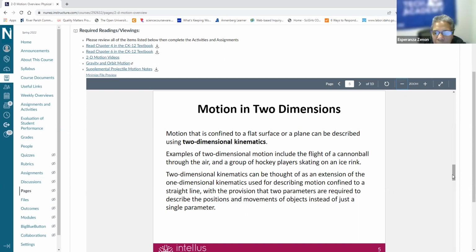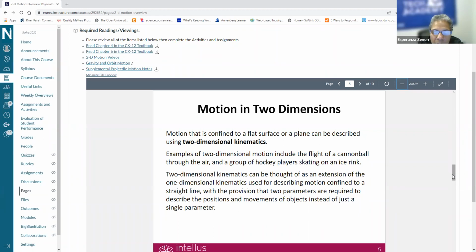In 1D kinematics, the object was confined to moving in a straight line, either a straight horizontal line, like the car on the track for problem set number 3, or free fall, where the object is moving up or down, right?